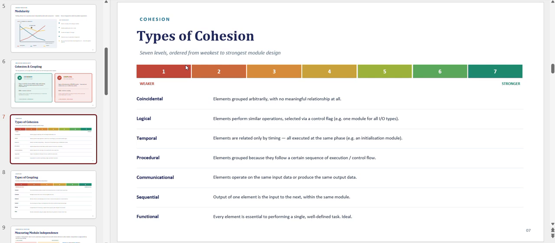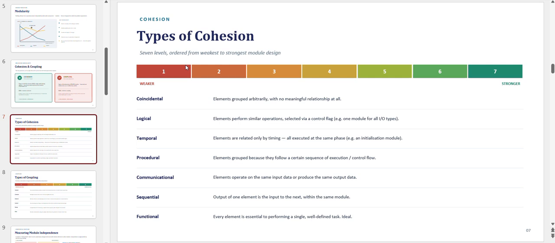Fourth is procedural: elements grouped because they follow a certain sequence of execution or control flow. Fifth one is communicational: elements operate on the same input data or produce the same output data. Sixth, sequential: the output of one element is the input to the next within the same module.